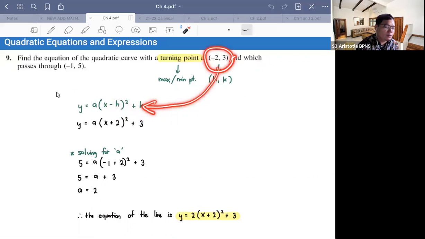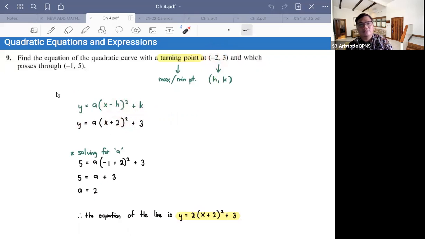So we'll have y is equal to a times (x + 2) squared, so it's plus 2 now since this is -2, and then plus 3. So that is your h and k inside our equation.